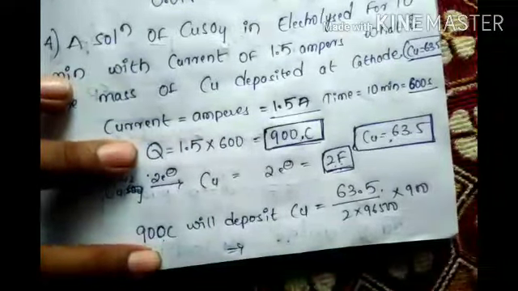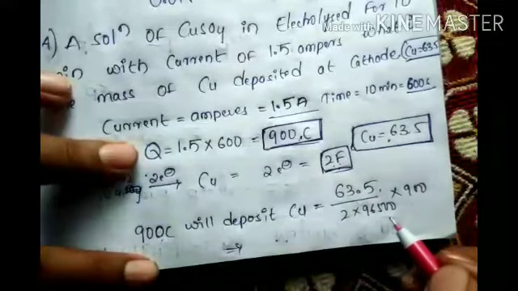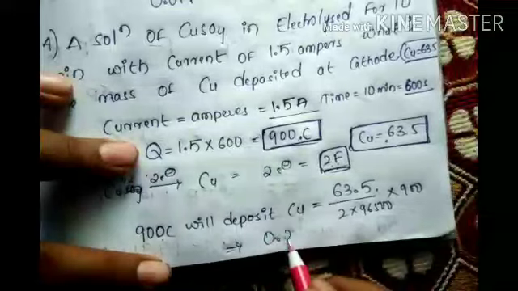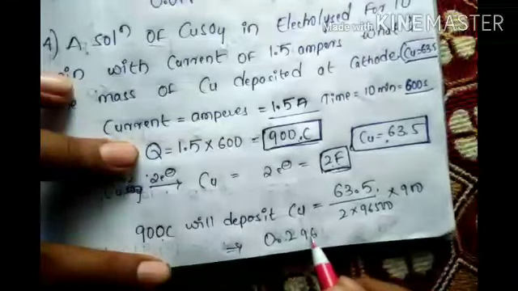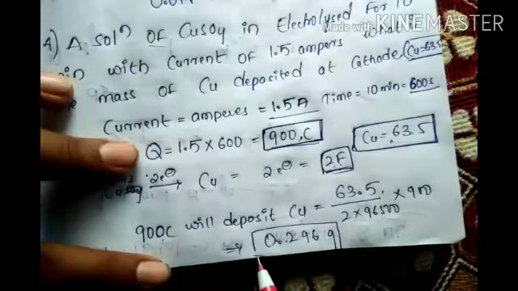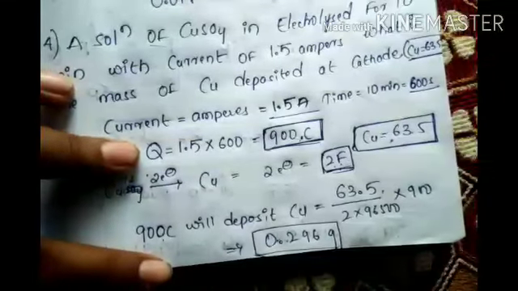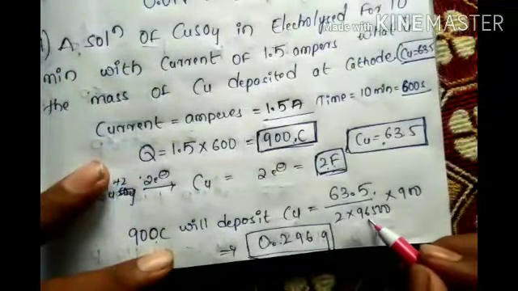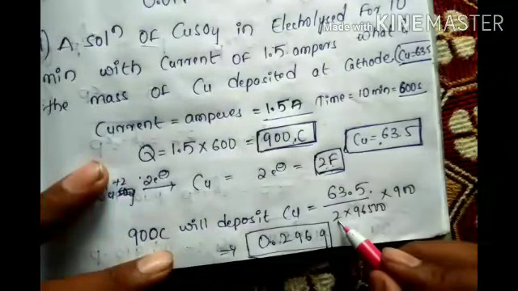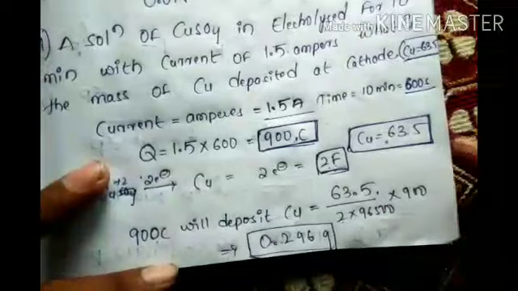Okay, 900 coulombs. These coulombs cancel. Now finally we are getting 0.296 grams. Grams per mole, 96500 coulombs. This is the number of electrons. Yeah, correct.